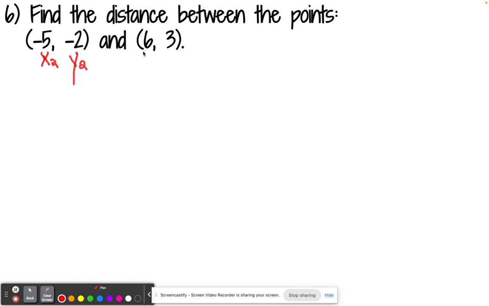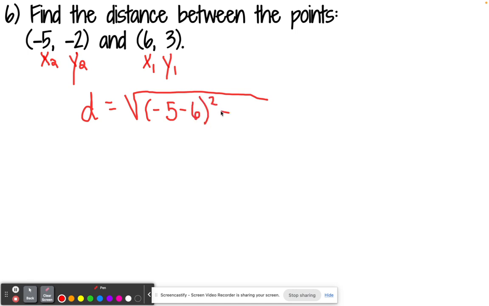So my distance formula says I take the square root of -5, my x2, minus my x1, which is 6, and I square that. And I add my y2 minus my y1 squared.